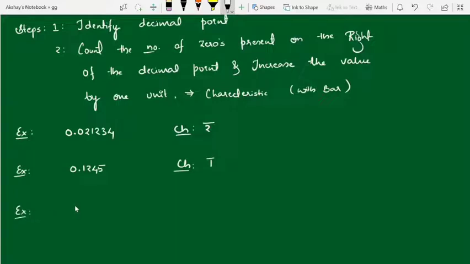If your given number is 0.14, then after decimal we won't have any zero. Zero zeros are there. Add 1 to it. So it will become 0 plus 1, 1. That's why with bar, 1 bar. Clear? So this is the procedure to calculate the characteristic of a number if the given number is less than 1. Clear?